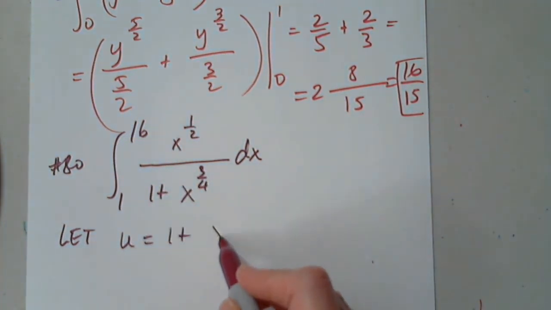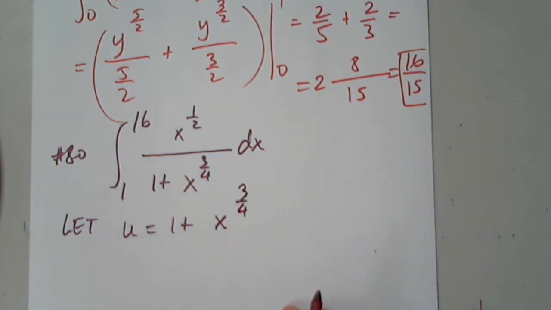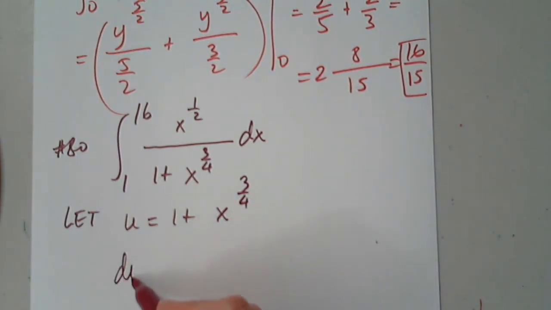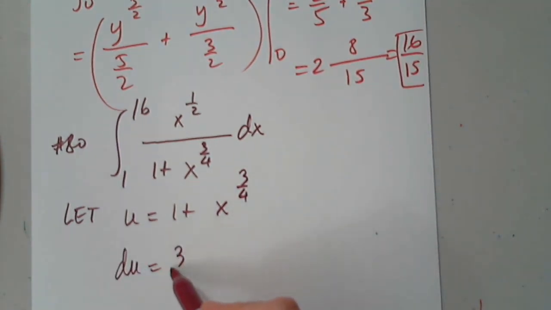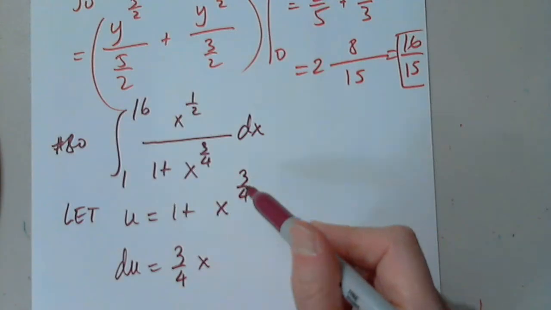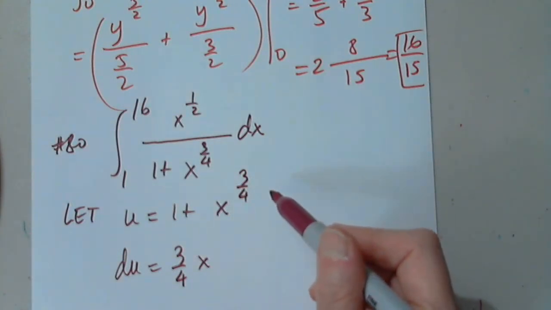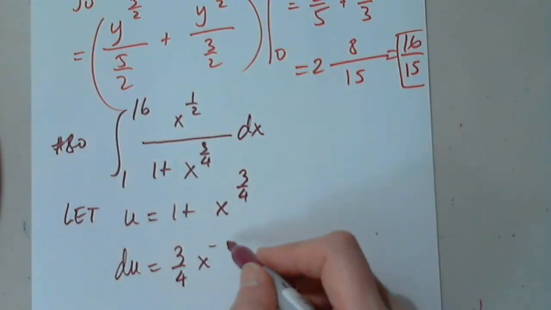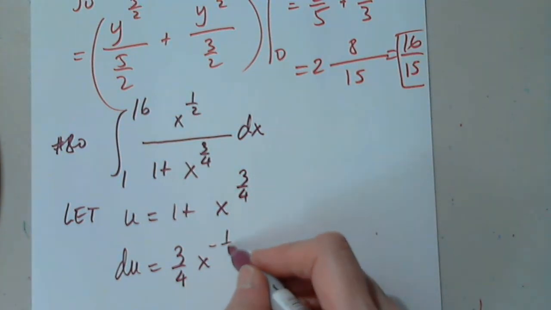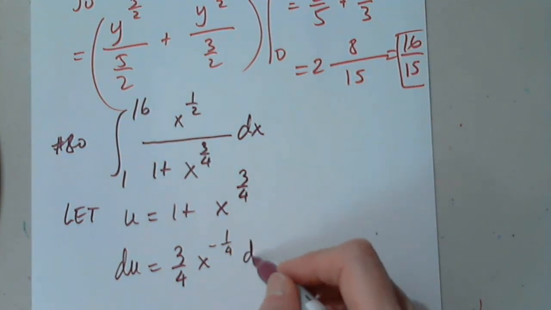So if I have u equals 1 plus x to 3/4, can I determine du? Then I have 3/4 and x to 3/4 minus 1, which is negative 1/4. Yes. And this is dx.